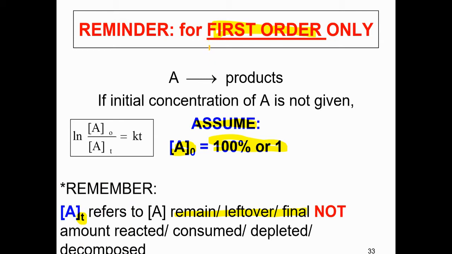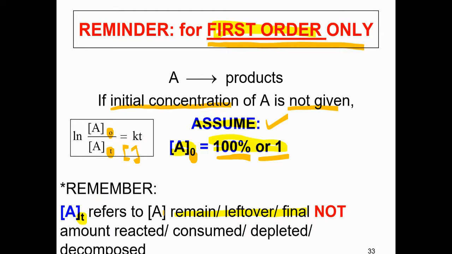Just a reminder, this is only for first order reactions. For a first order reaction, if the initial concentration is not given, then you can assume the initial concentration is 100% or 1. One more thing I would like to remind you about is T, or sometimes they don't label T, they just leave it empty.